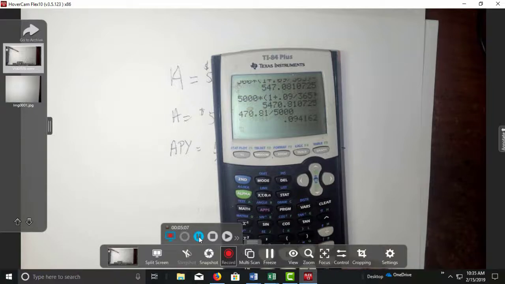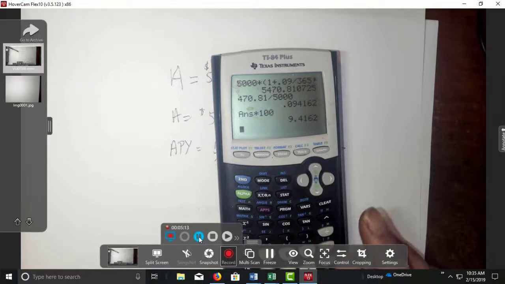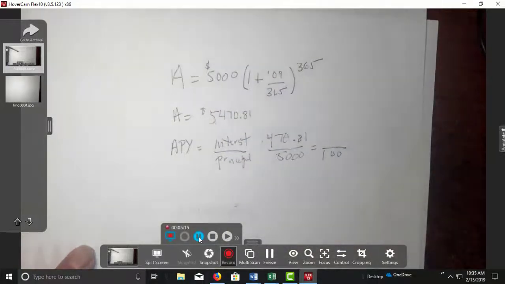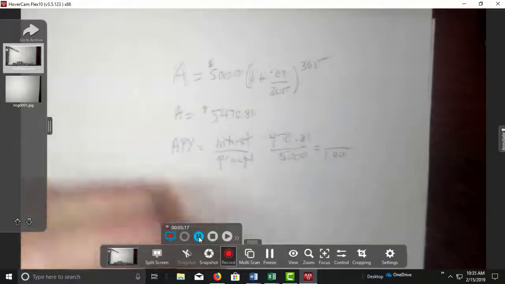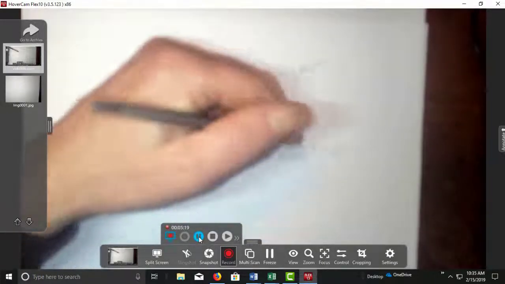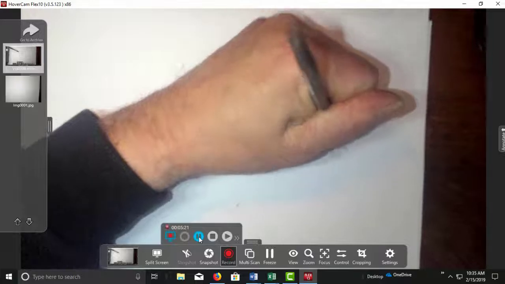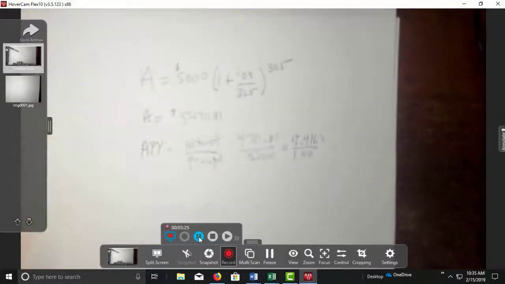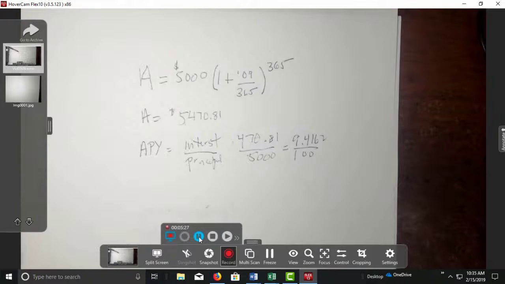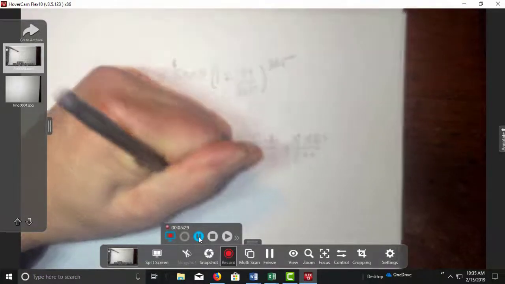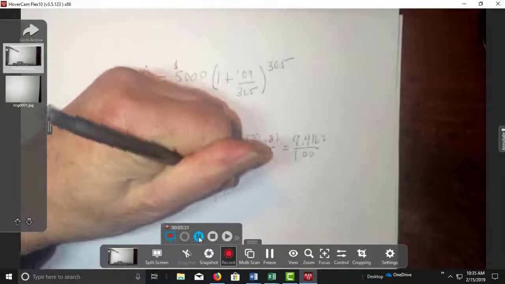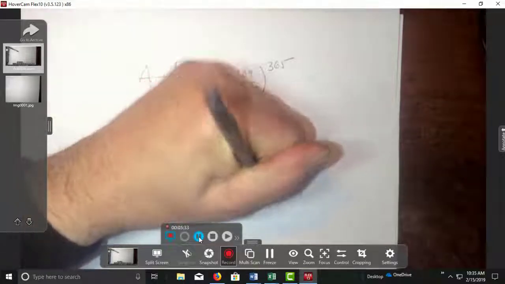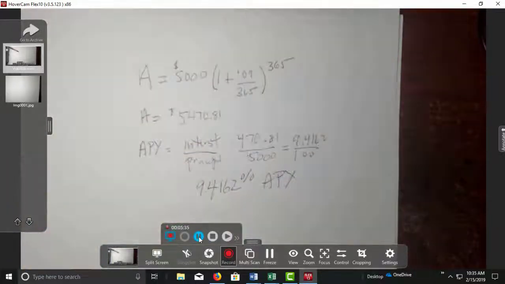And times that by 100. And I'm getting 9.4162, which is 9.4162 over 100, which is 9.4162% APY.